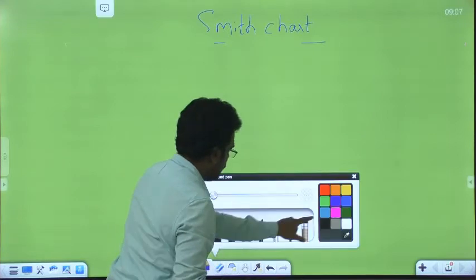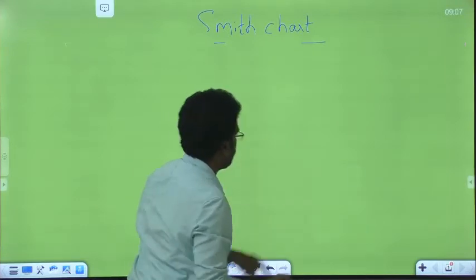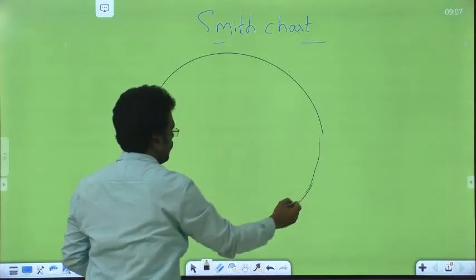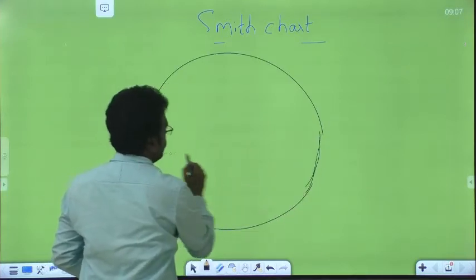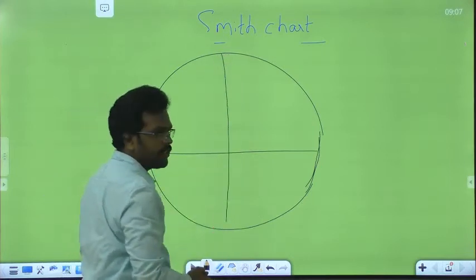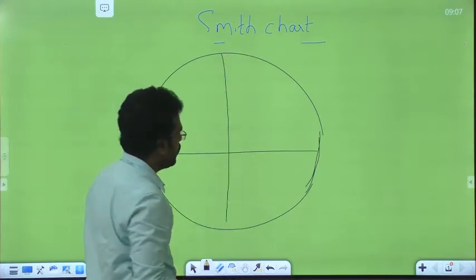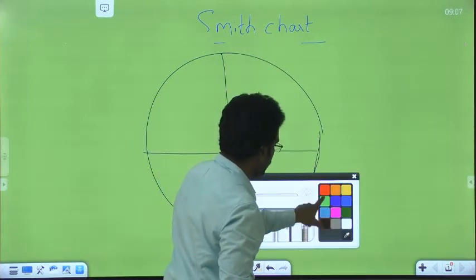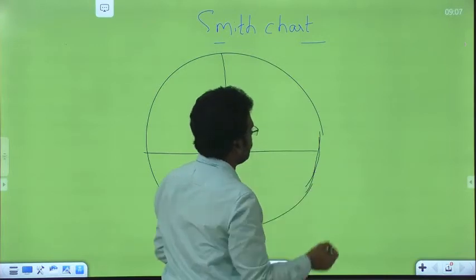Now, I am drawing Smith chart to explain the concept. This is the Smith chart, normalized Smith chart. What is the first step you have to follow? Always the first step is to plot the normalized load impedance.